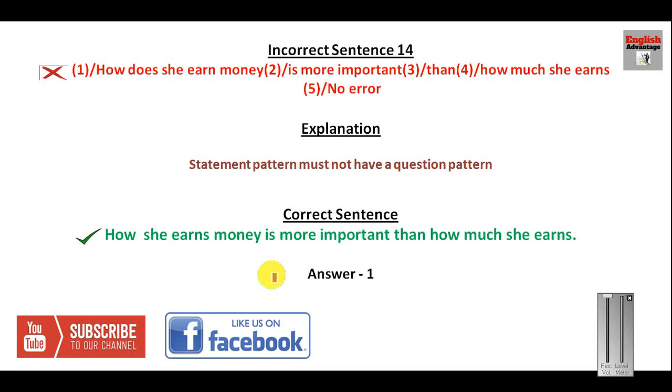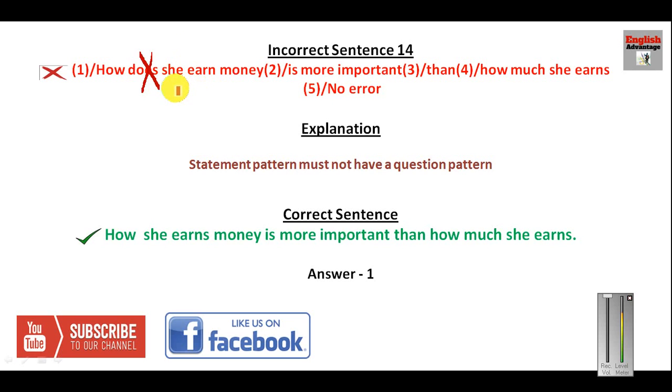I hope you are understanding well. Okay. How does she earn money is more important than how much she earn. See, through this sentence, we are not asking any question. We are just telling that this is how things are. So that is why we cannot use this does, because does indicates the question pattern, and this is not a question, this is a statement pattern.